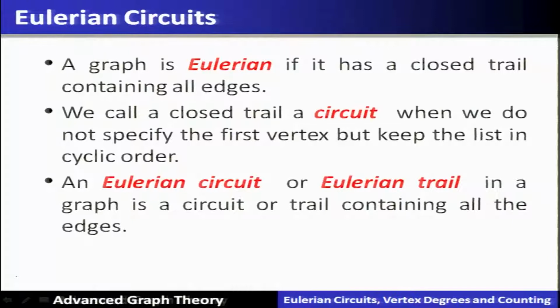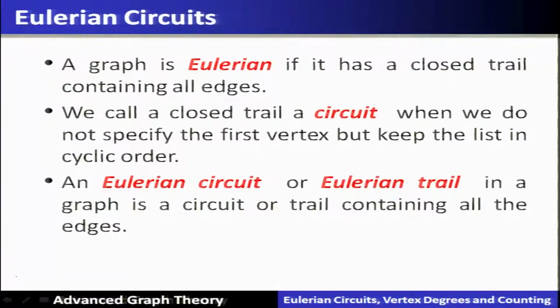A graph is Eulerian if it has a closed trail containing all the edges. We have already given the definition: a trail is a walk in which the edges do not repeat. If the edges are not repeating, that does not mean the vertices are also not repeating.